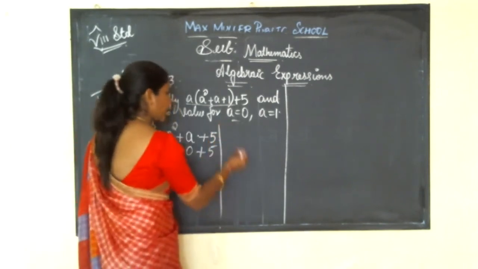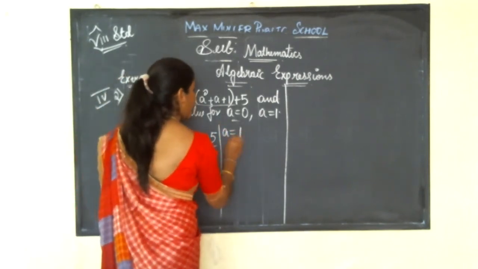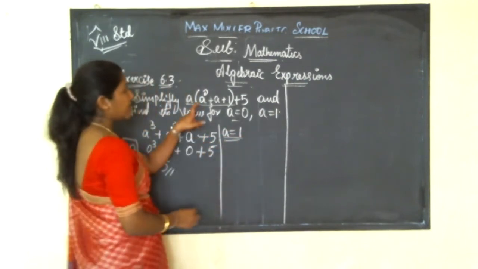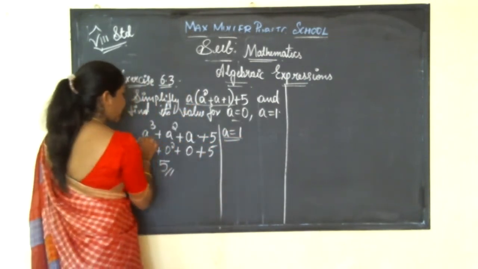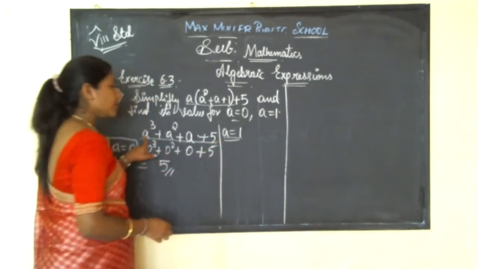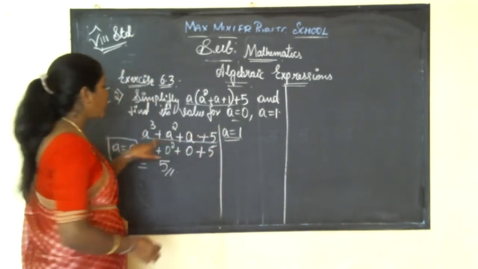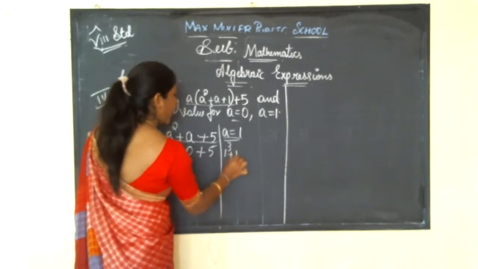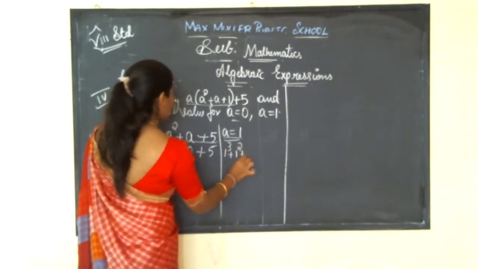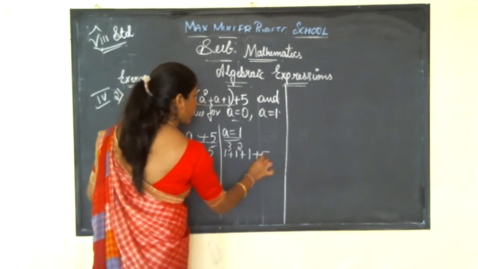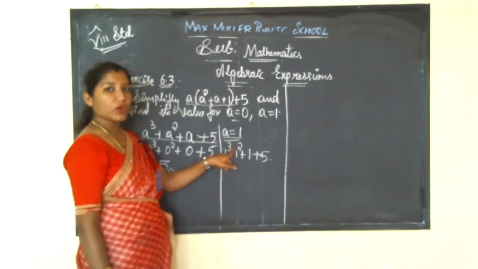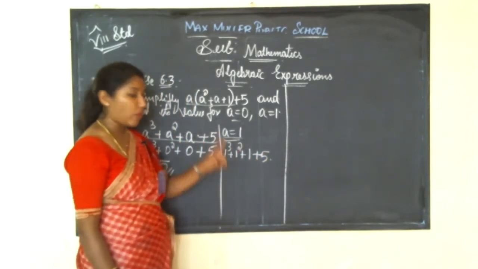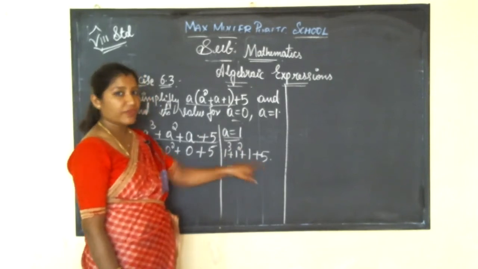Now, a is equal to 1 you have to find out. For this expression you have to substitute a is equal to 1. So 1 cube plus 1 square plus 1 plus 5. So 1 cube is 1 only, 1 square is 1 only, 1 plus 5.